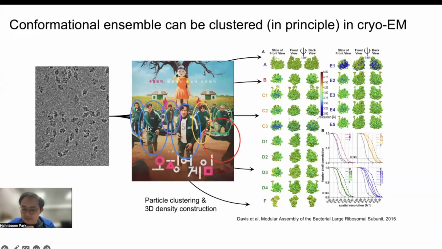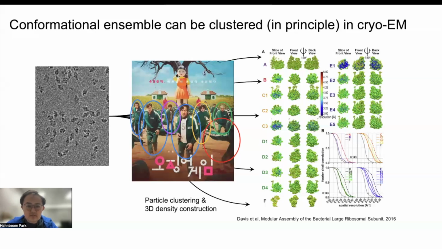The blue ones have the same shape, which means the same dynamic state, and the others have their own different states. Then you can construct an individual 3D image of the blue one, green one, and yellow one separately, and build them into separate 3D model structures. That's how you could, in principle, build a PDB file containing multiple models representing the dynamics of a cryo-EM structure.